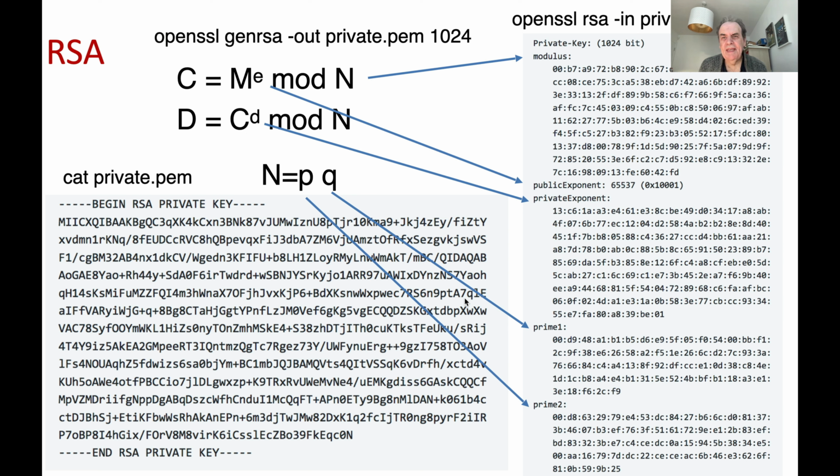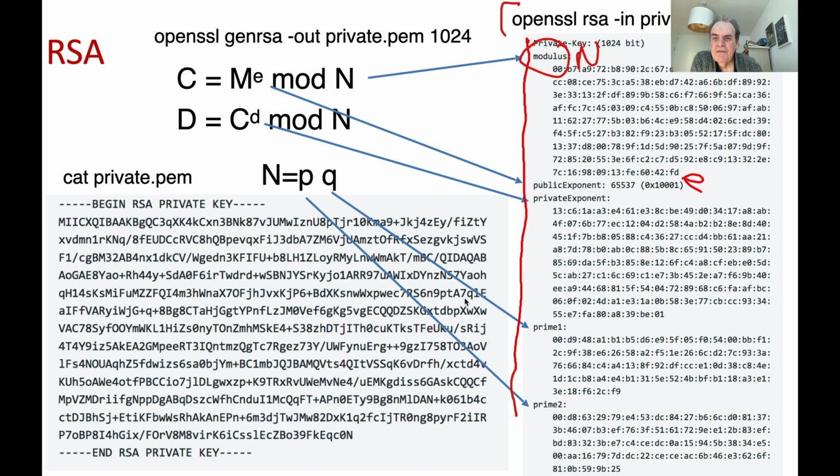Okay, so what does the key actually look like? Well, we can generate the key with OpenSSL, and this is the command that we can actually use. When we show it, we can actually see the component parts of it. This is a 1024-bit key, and this is the public modulus n.